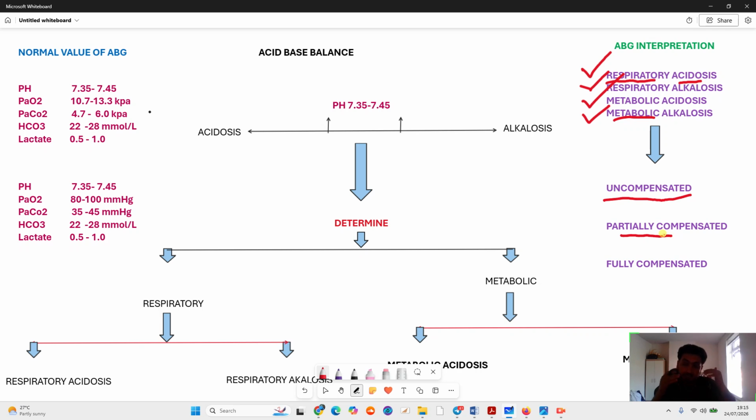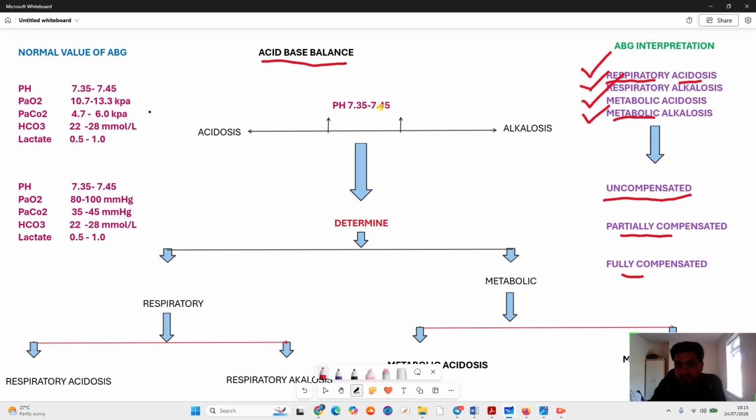And if the second system compensates completely, that is called fully compensated. Don't worry, at the end, when we practice on 10 cases, you will completely know about compensated and uncompensated.